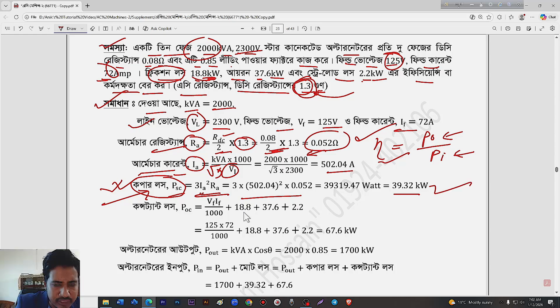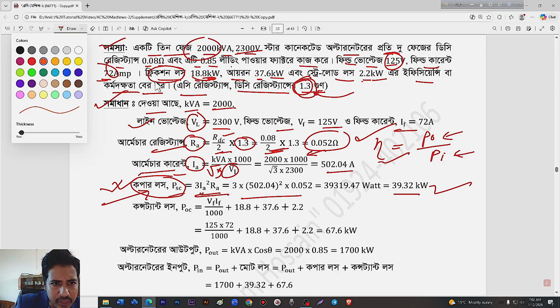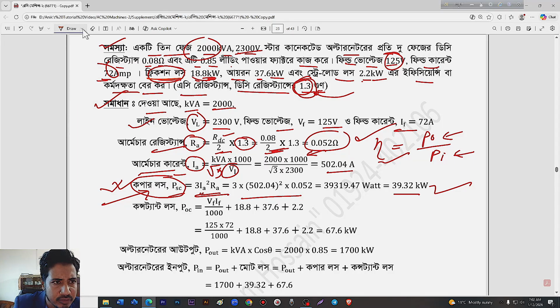And the constant loss. This is very important. Constant loss equals friction loss, iron loss, stray loss, and one important thing, the field current and field voltage.